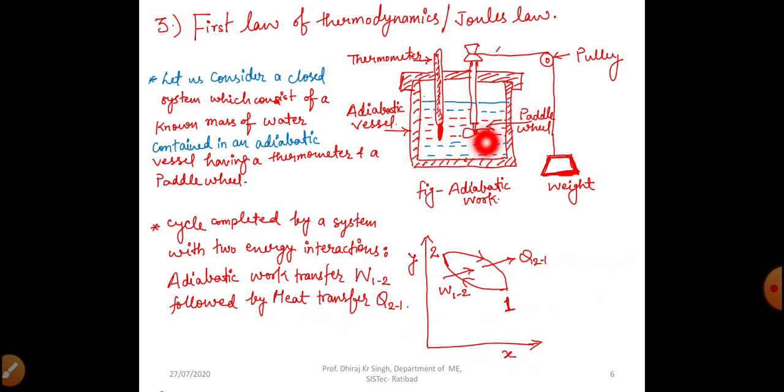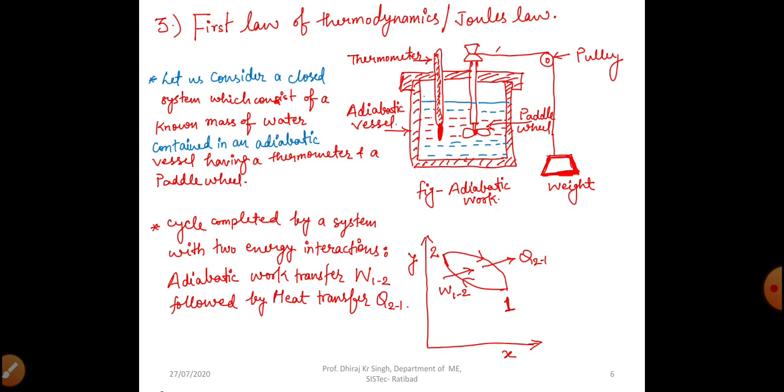The temperature has become T2, and when we remove the insulation, the temperature of this body will go back to T1, attaining thermal equilibrium with the atmosphere. The amount of heat transfer Q21 from the system during this process can be seen here very easily, 2 to 1, and it can be estimated.